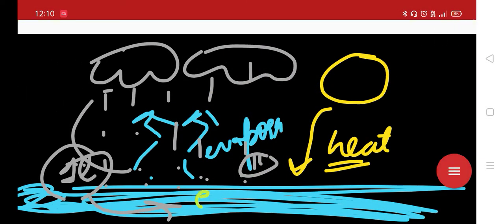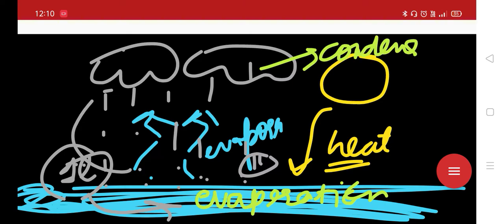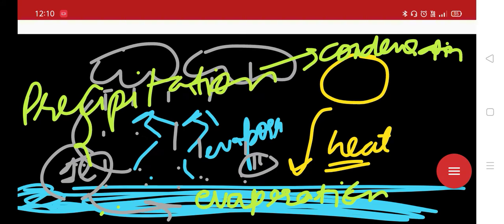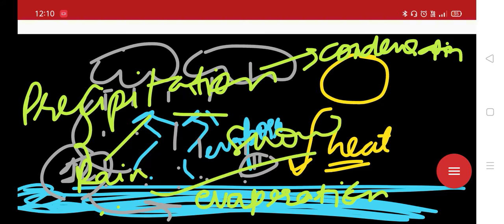First is evaporation. Second is condensation. Condensation is the process of turning water vapors into clouds, and then the rainfall is called precipitation. This precipitation can be in the form of rain or snow, rainfall or snowfall. Clear? Hope this is clear now.